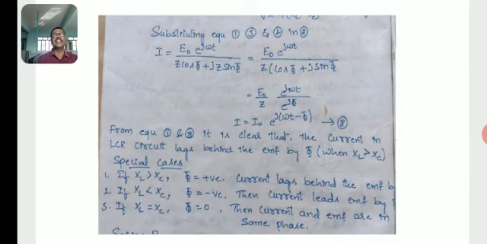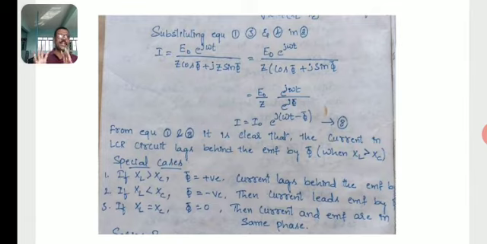If XL is greater than XC, the circuit is said to be an inductive circuit. If XL is less than XC, that means XC is greater than XL, the circuit is said to be a capacitive circuit. If XL is equal to XC, the circuit is said to be a resistive circuit, that means a pure resistance circuit. Under that condition, the current and EMF are in the same phase.